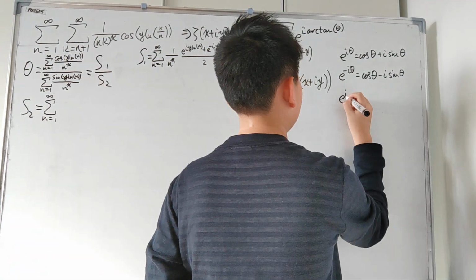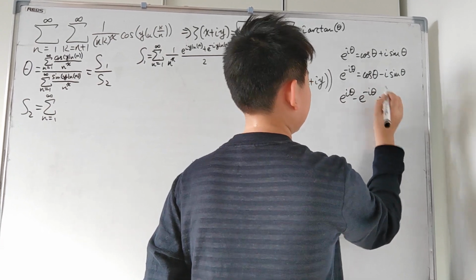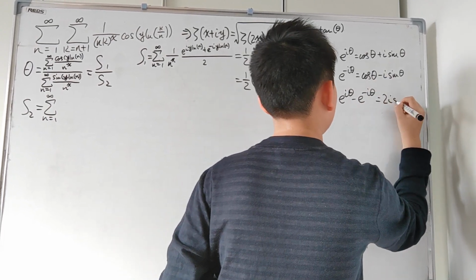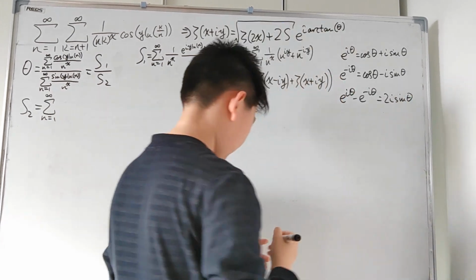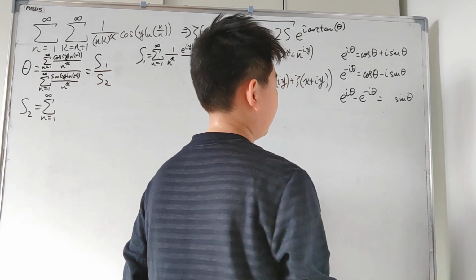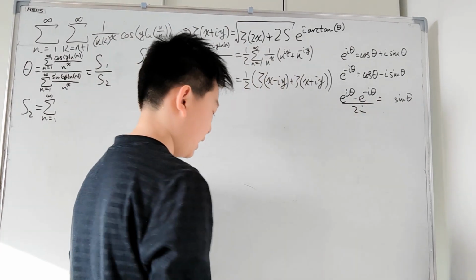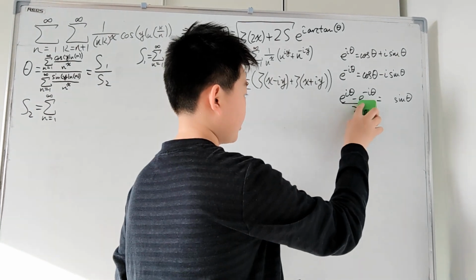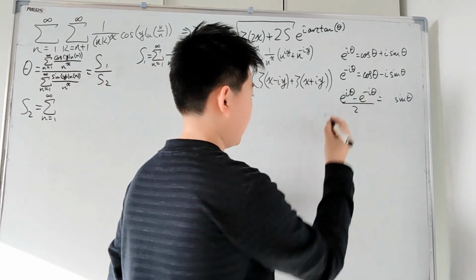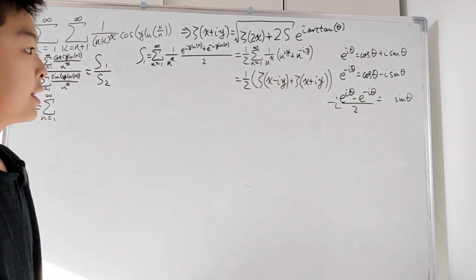So we have e to the i theta minus e to the negative i theta is equal to 2i sine theta. And once again, just like before, you can divide by 2i. But then again, 1 over 2i is the same as negative i over 2. And so that is our second expression.